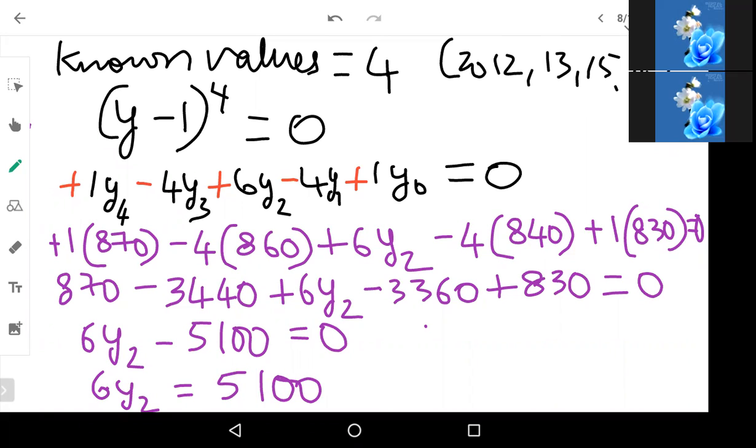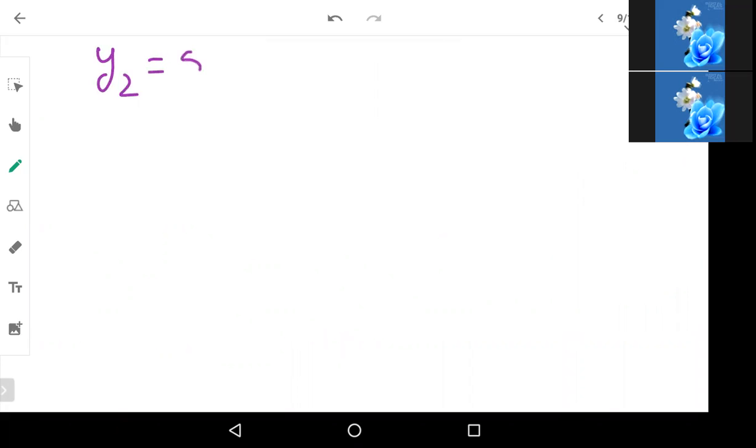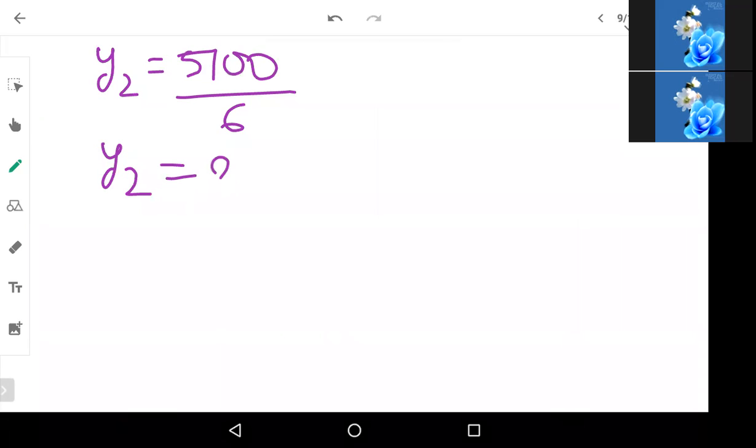Okay. In the next step, we have to take 6 to the other side. Now here it is multiplication. If you take it to the other side, it will become division. So y2 is equal to 5100 divided by 6. Now can you tell me the value of y2? 850.